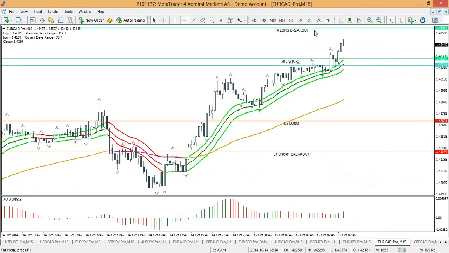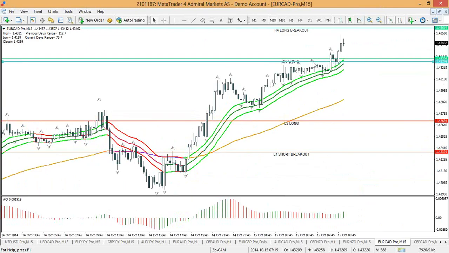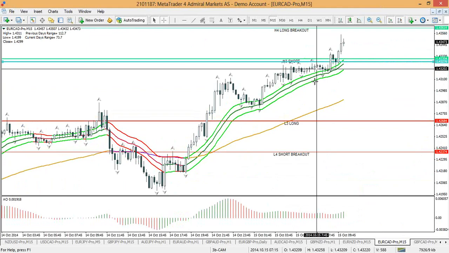This was the breakout. This was fractals hitting the H3. So any hook back to 143.30, any bounce off the broken resistance, which is H3, probably would be worth it with a stop loss below this bottom probably.